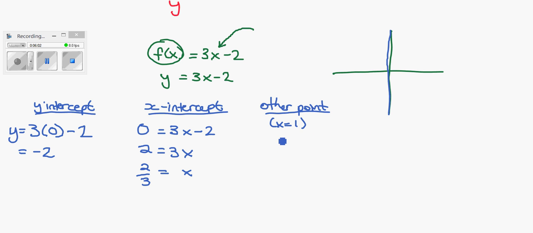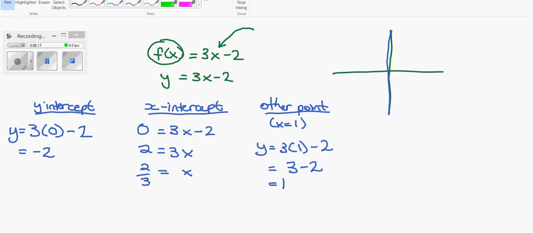So when x equals 1, y equals 3 times 1 minus 2, which is 3 minus 2, which is 1. So now I can go ahead and put these on my graph here. So the first one is the y-intercept.